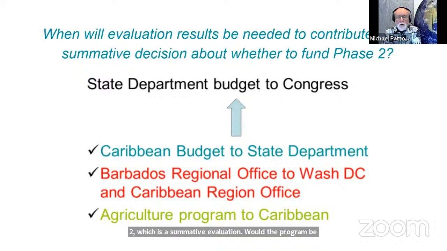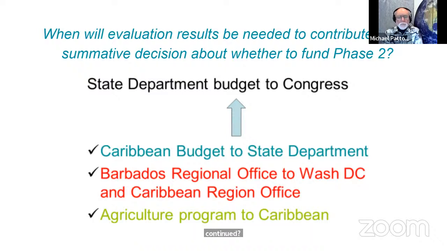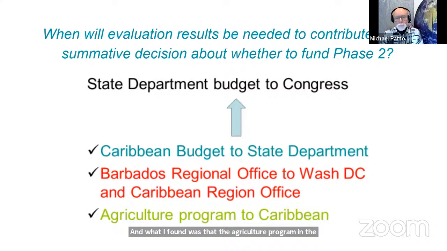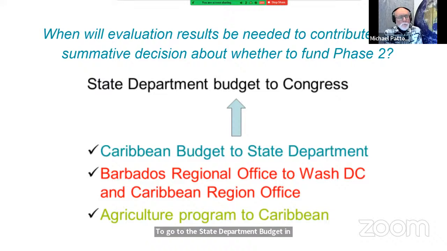And what I found was that the agriculture program in the Caribbean would have to be designed by USAID to go to the State Department budget in Congress, and that while the phase 1 was going to run from January of 1980 through December of 1982, the decision about whether there would be a phase 2 would be taken in September of 1980, 9 months after we began, and before we had actually done any real work.